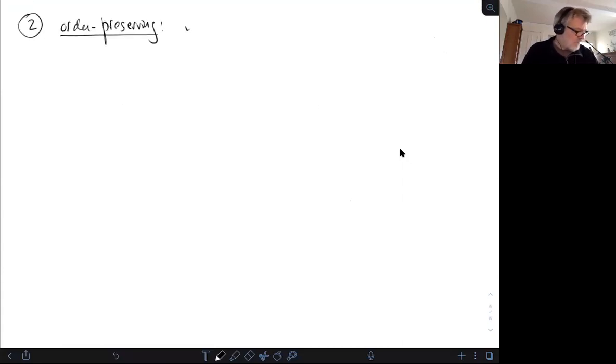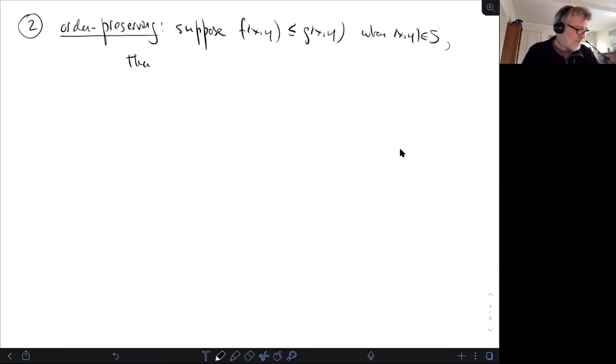It means that if you have two functions such that f is always less or equal to g on S, so when x, y is in S, then the same thing holds for the integral. And I hope that makes sense.